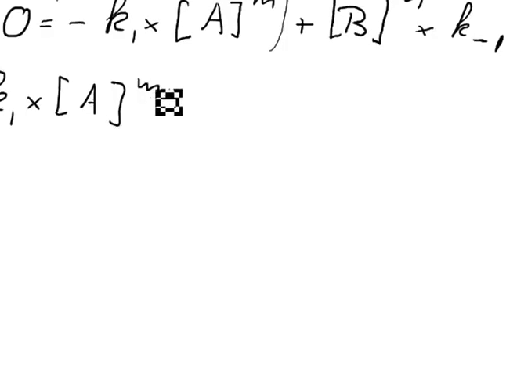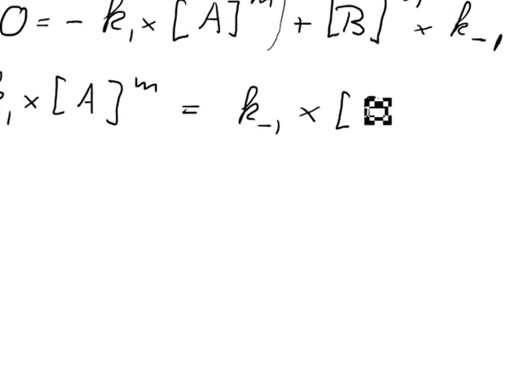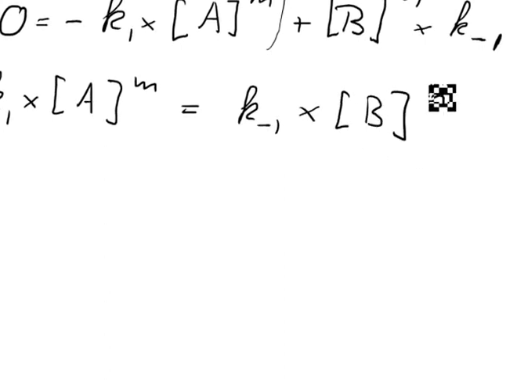I haven't written that very nicely, but it doesn't matter. We can bring this expression to the other side, and we get K1 times A to the power of M equals K minus 1 times B to the power of N.